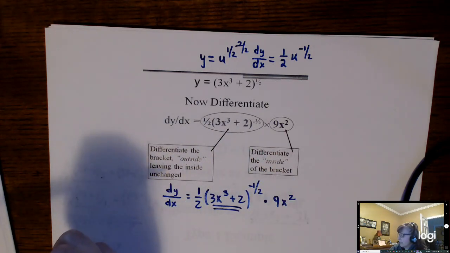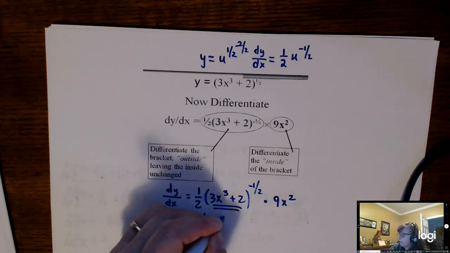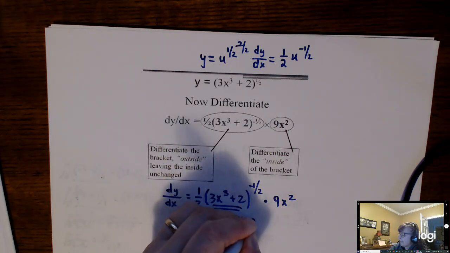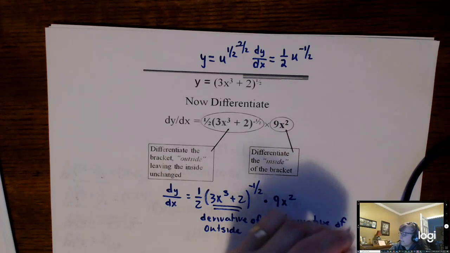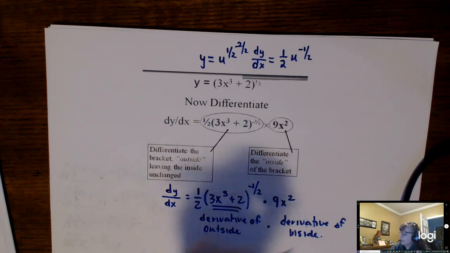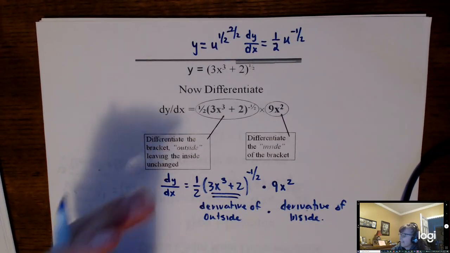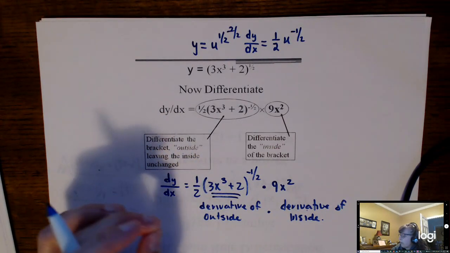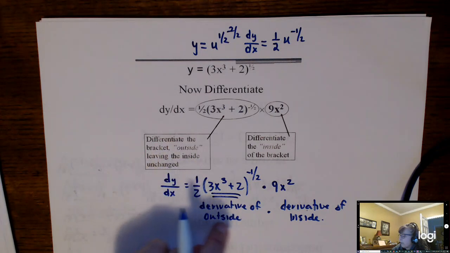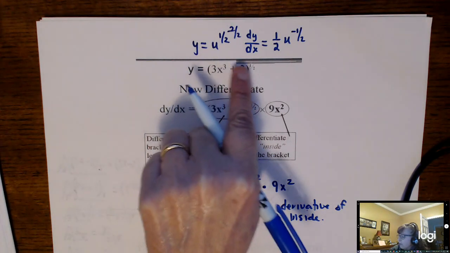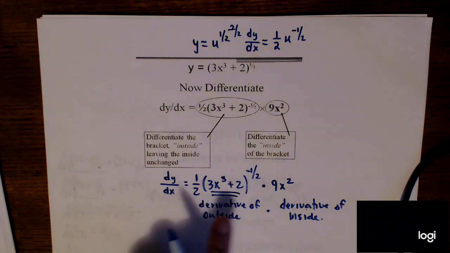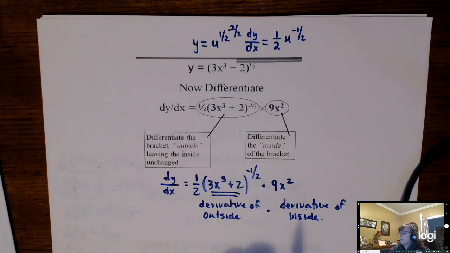So the chain rule is the derivative of the outside times the derivative of the inside. It's not written very well with a lot of symbols. It's a lot of words, and so you have to know what we mean by the derivative of the outside. You don't mess with the inside at first. You just pretend it's like u to the 1/2, 1/2 u to the negative 1/2, then times the derivative of the inside.